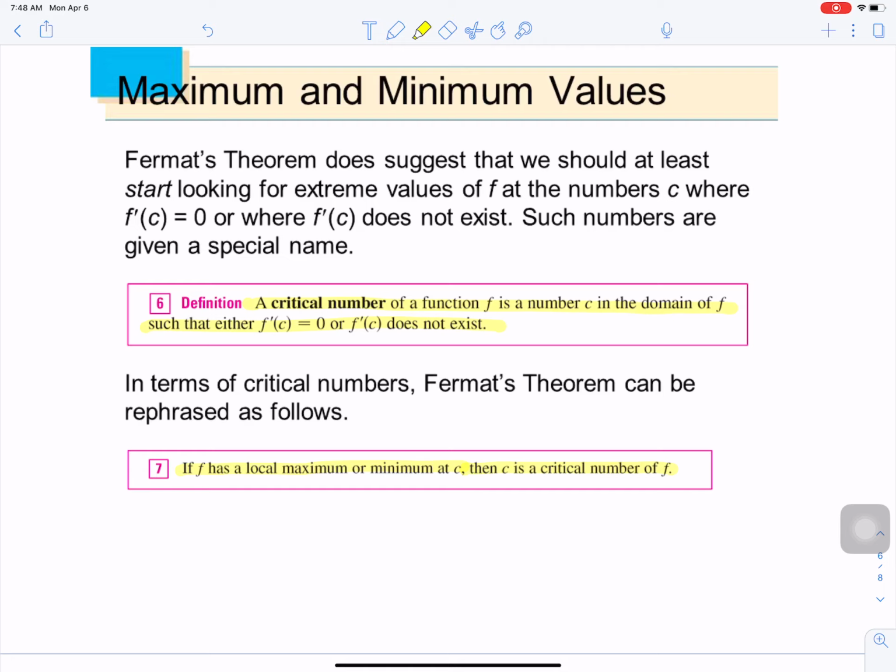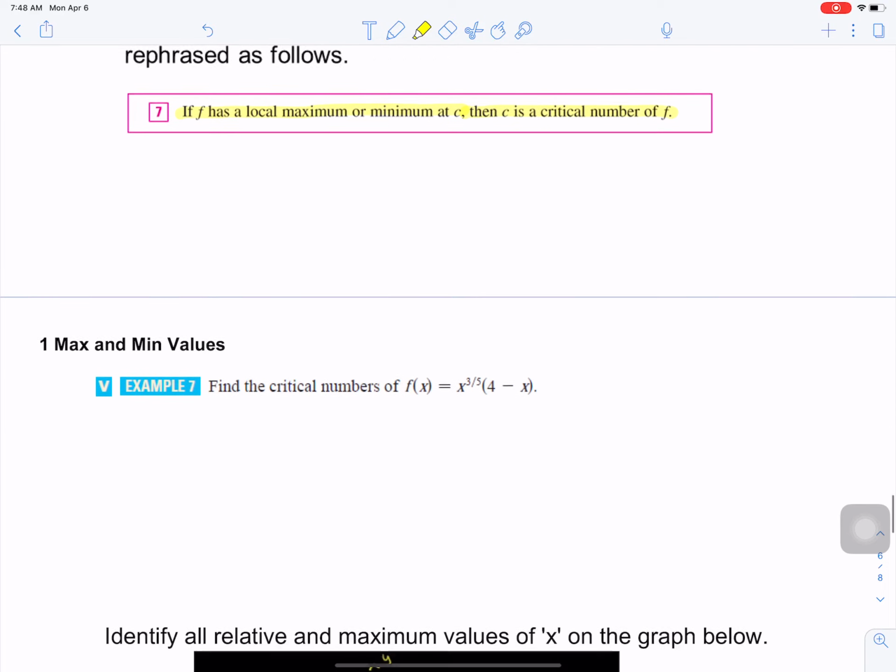So it either had to be a point where the derivative is 0 or is undefined, but literally that tells us that for any function we take, if I find the derivative, set it equal to 0, or find where the derivative does not exist, those are the only points that will be potential maxes and mins unless I close off the domain, and then in which case the endpoints could be maxes or mins.